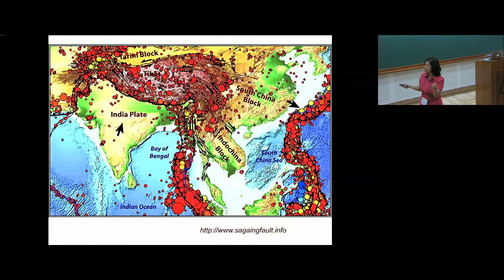Each red circle is an earthquake that has occurred, and the size of the circle tells you how big the earthquake is. You can see most of India has very few earthquakes, and even those are small in magnitude. But if you go to the north, you can see a very dense cluster of earthquakes.